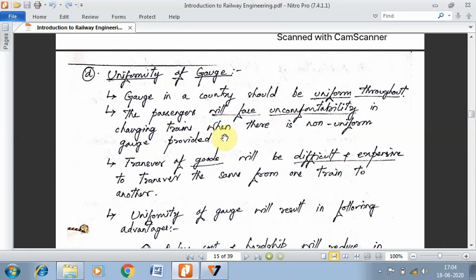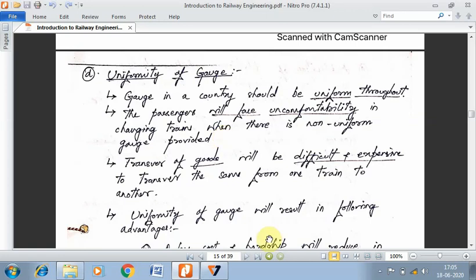When you have variation in the gauge and the vehicles are restricted to move only a certain distance because of the change in gauge, people traveling in such trains will face a lot of discomfort in shifting goods from one train to the other, or shifting their luggage, catching the seats once again, and accommodating themselves. So all these comfort level issues start popping up, right?